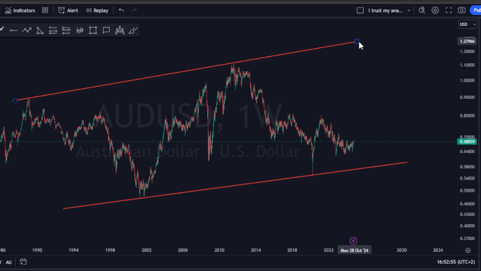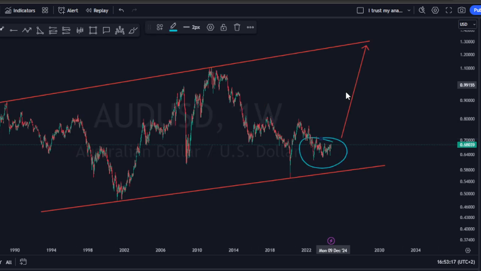We're looking for the bias. However, I think right now we should just refocus on what's going on here. So we're just gonna move down to the lower time frame from the daily and then moving down until the H1 time frame.